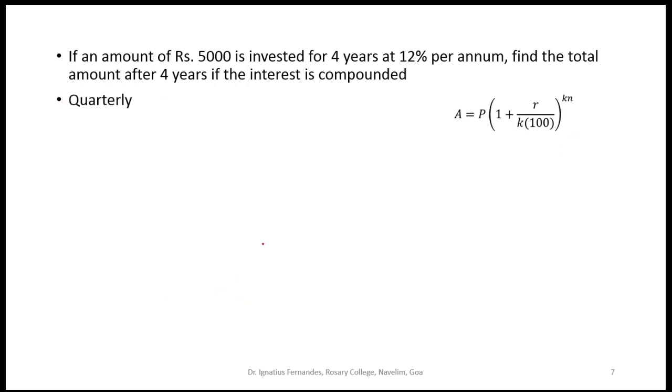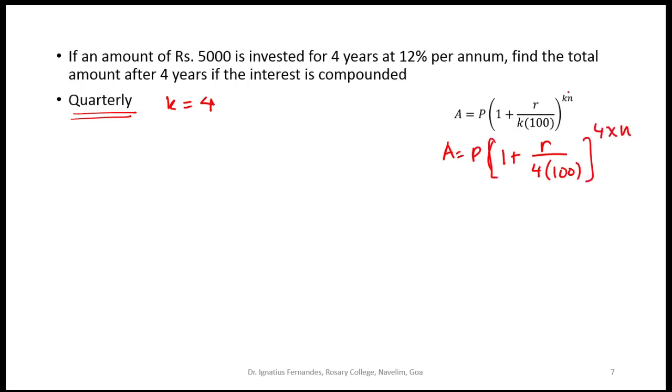The same way, if the interest is compounded on quarterly basis, then k is equal to 4. So accordingly this formula is P into 1 plus R upon 4 into 100, raised to 4 into n. I am putting k equal to 4.